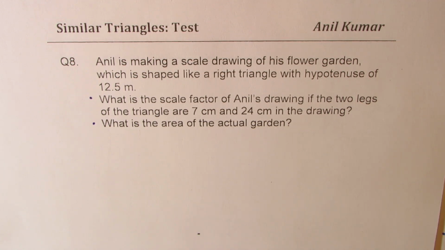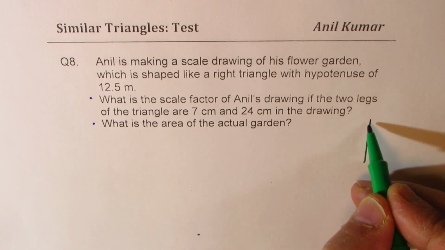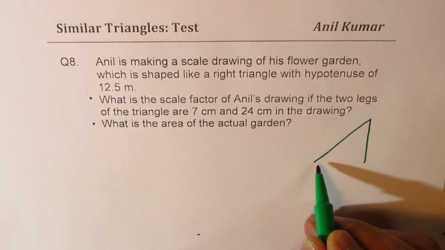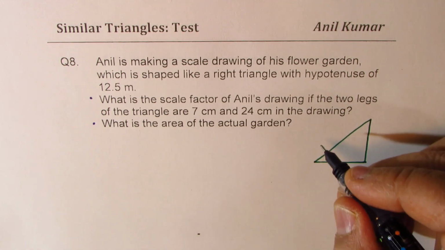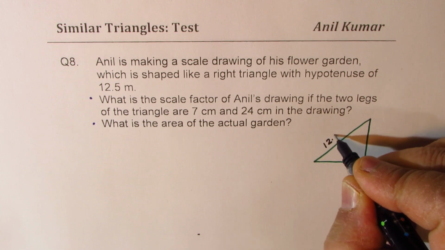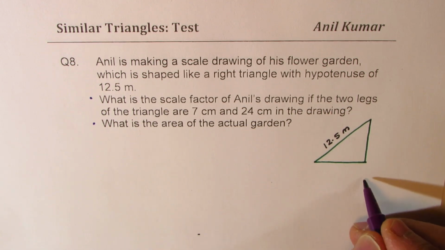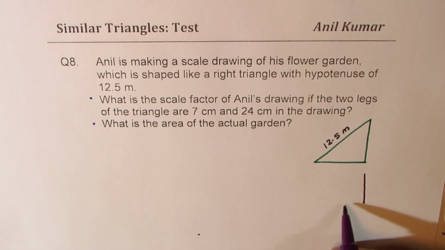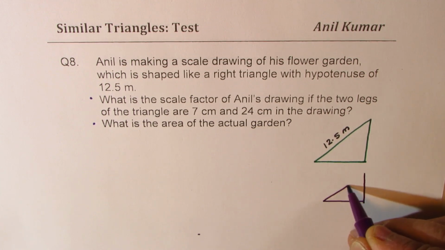Okay, so let's make approximate sketches for the actual garden, which is much bigger. So make a note that the dimensions are given in meters for the actual garden, which is 12.5 meters, right? So at times, students may just miss on the units and provide wrong solution. Here is the actual drawing.